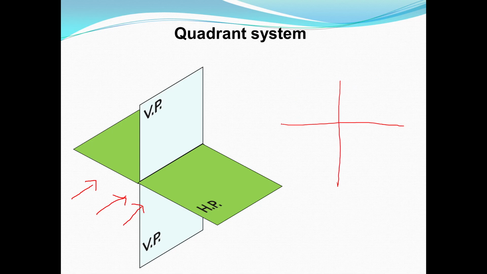So this horizontal line is for the HP. If we are looking from the side, this is the HP, and looking at the other reference plane from the side, we get another vertical line called the VP. In other words, this line is the X line and this line is the Y line, the X coordinate and the Y coordinate.